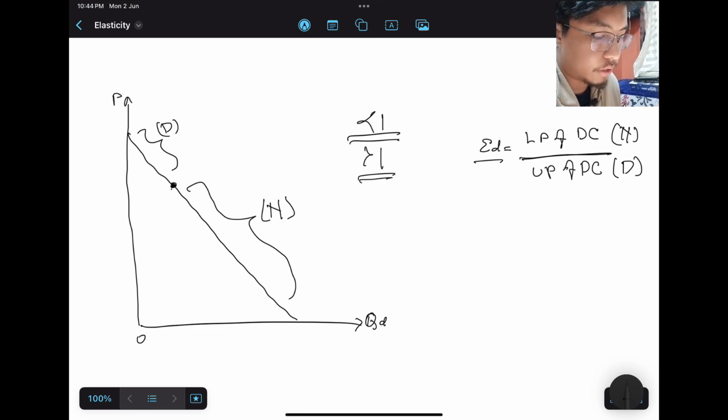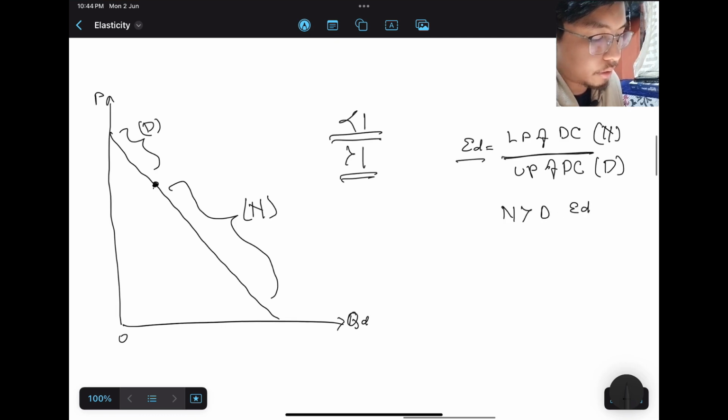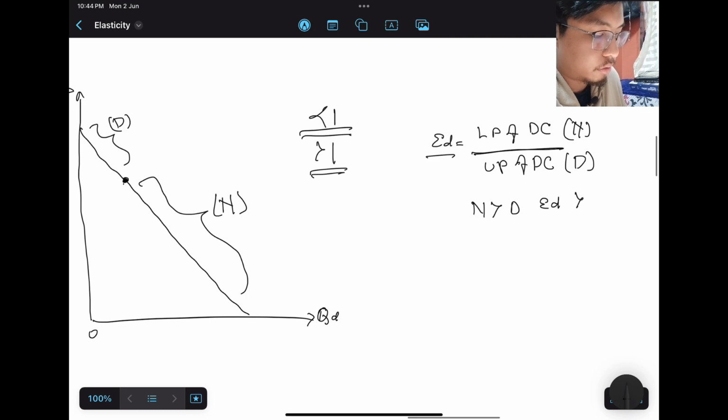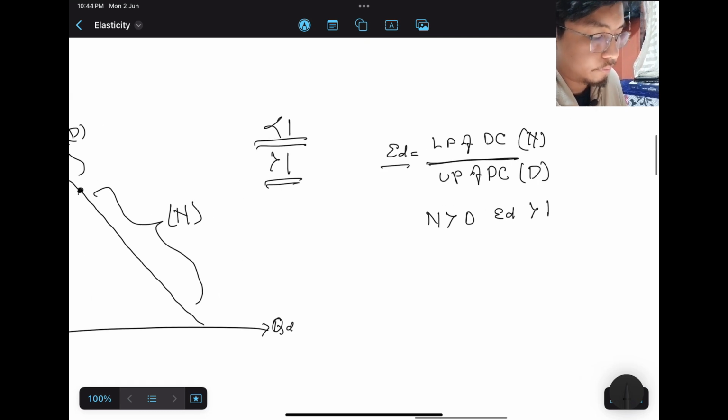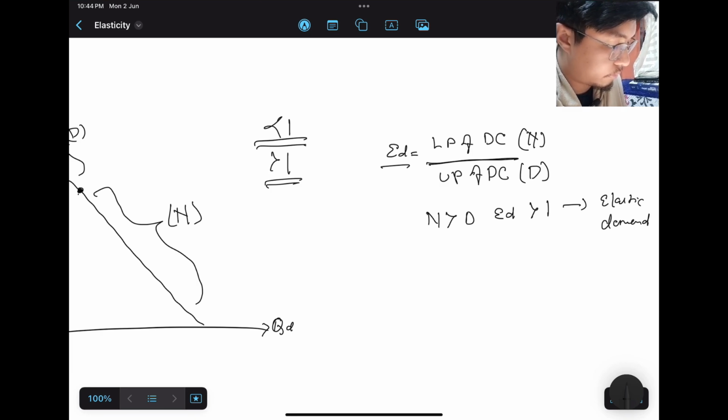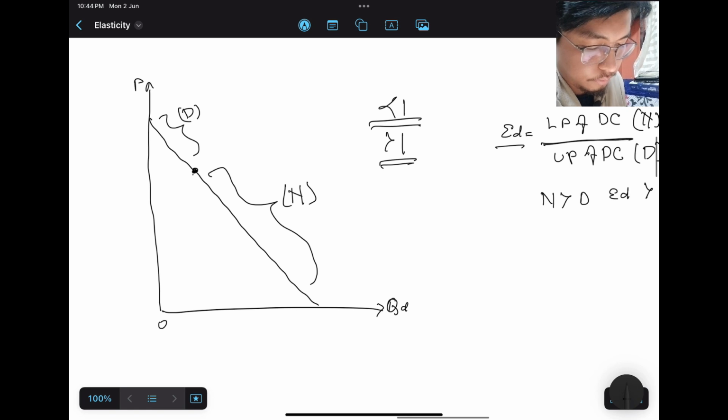So here if you see, for this point here, your numerator is much more than your denominator. Then when your numerator is much more than your denominator, then your ED value is going to be how much? More than 1. So यो तिम्रो के भयो यो पोइन्टमा? इलास्टिक डिमान्ड. यो पोइन्ट के भयो?